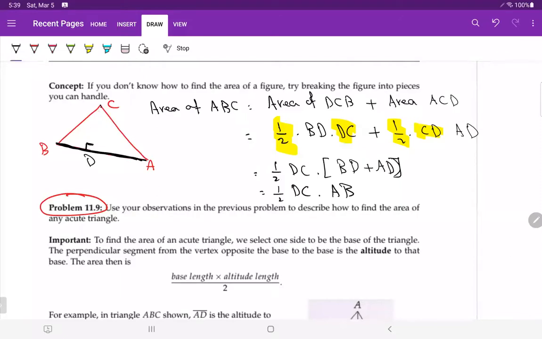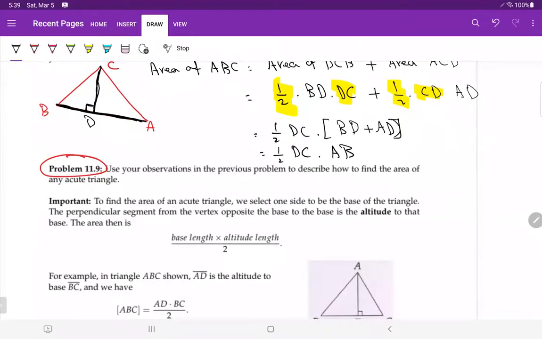So the point is, in every triangle we have three sides, and each side is a candidate to be a base. And every base has its own height or altitude. We will be coming back to talk about this.